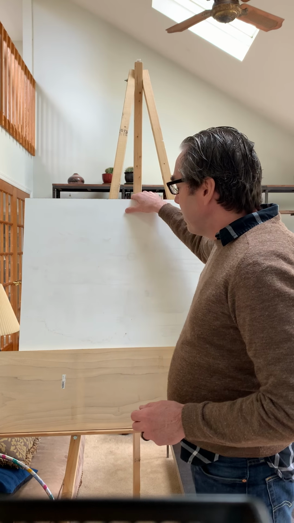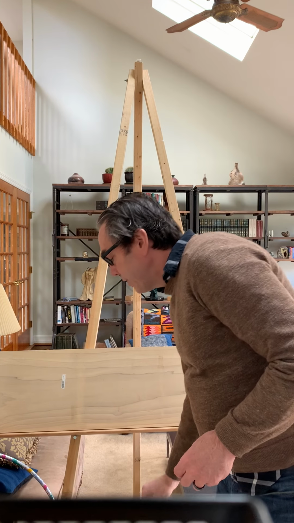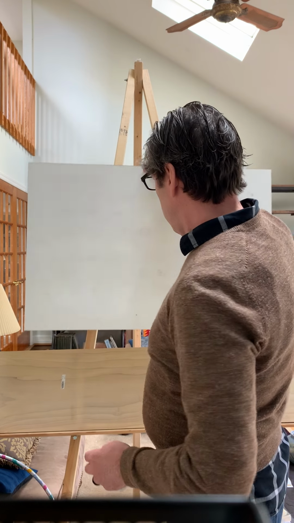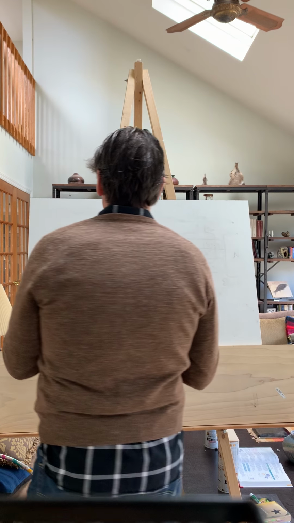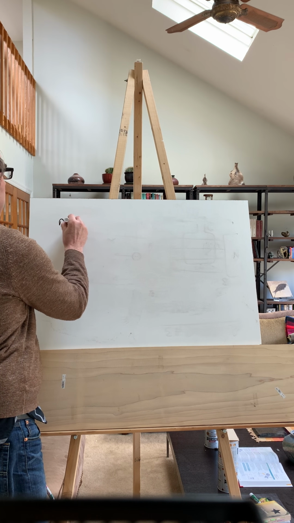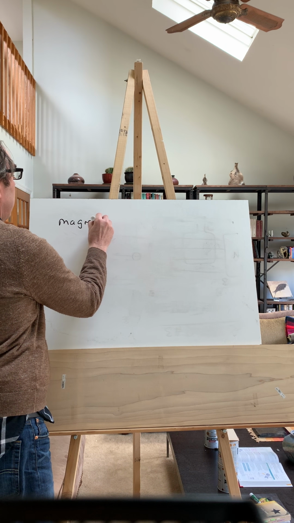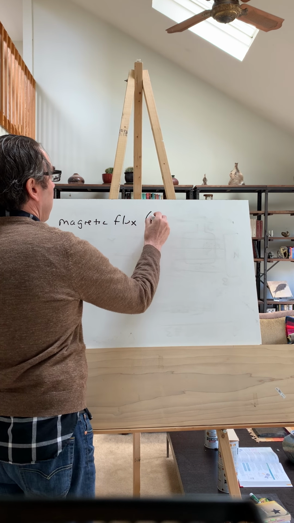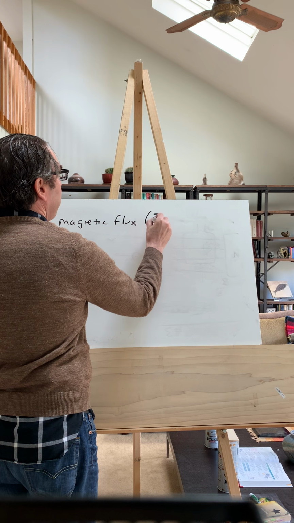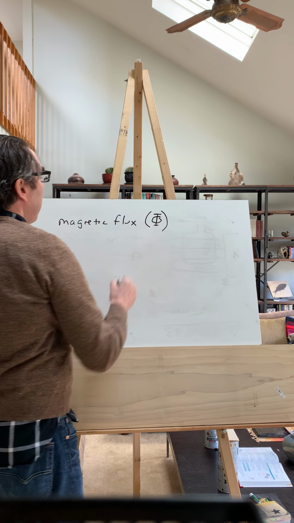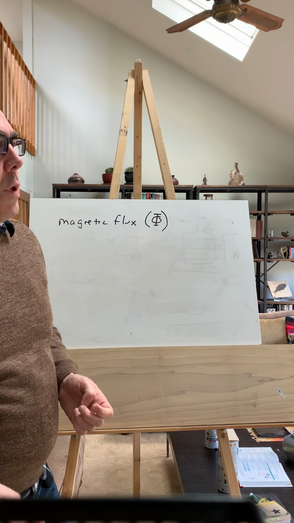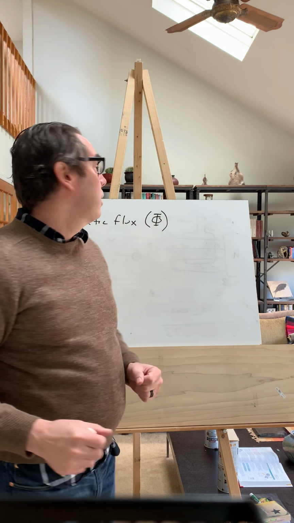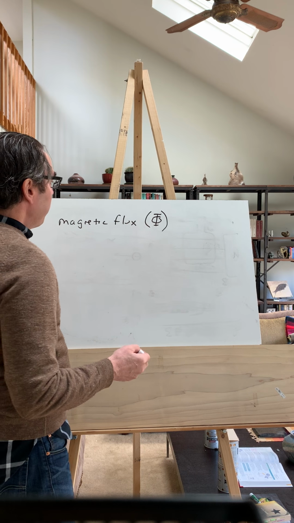Now, to understand this first, we need to understand a concept called magnetic flux, or phi. Phi is just another Greek letter. And magnetic flux is an indication of how many field lines you've grasped of a magnetic field.